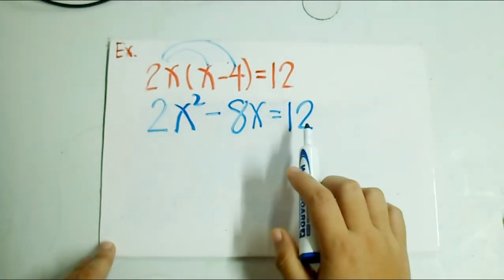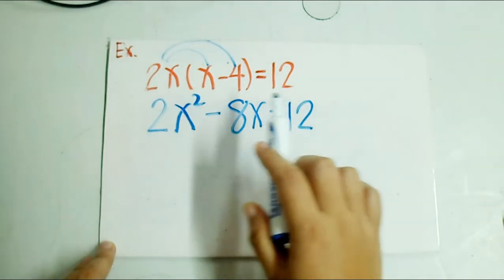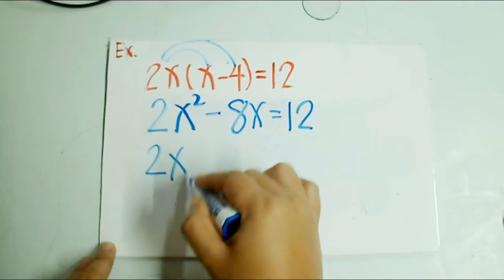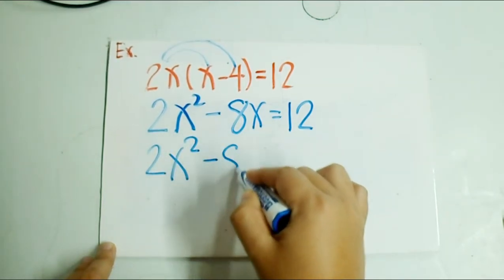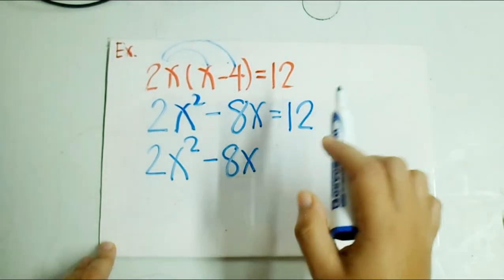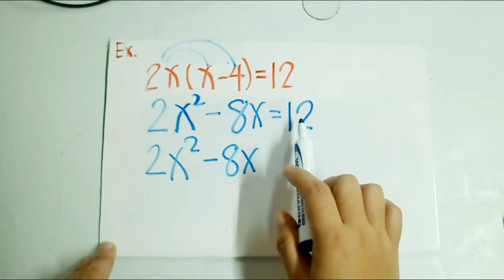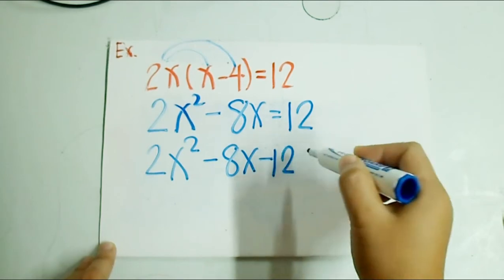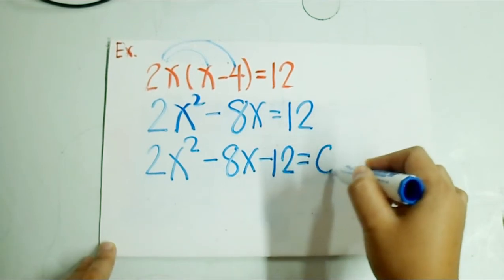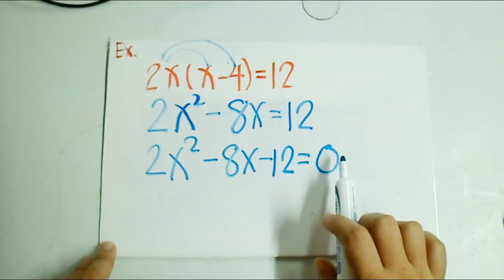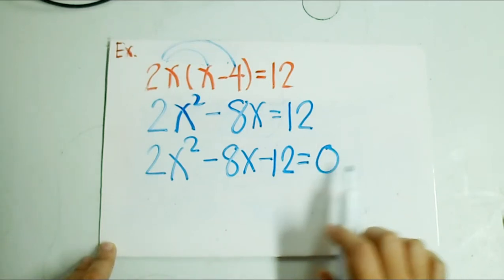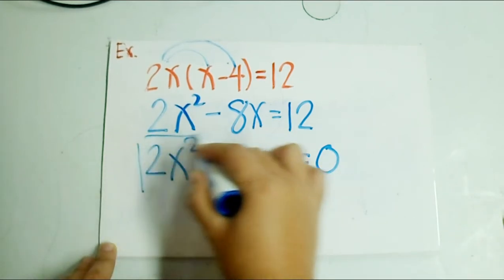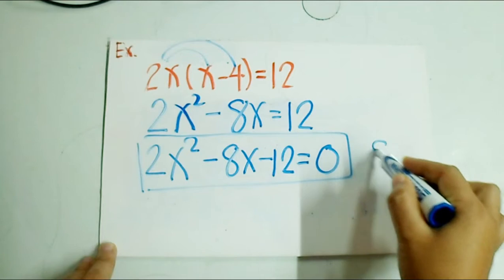Next, we will transpose 12 to the left side of our equation. 2x squared minus 8x. Since we will transfer, the positive 12 will become negative 12. Copy equals, then write 0 on the right side of our equation, since nothing is left on the right side. Now this is already in the standard form.